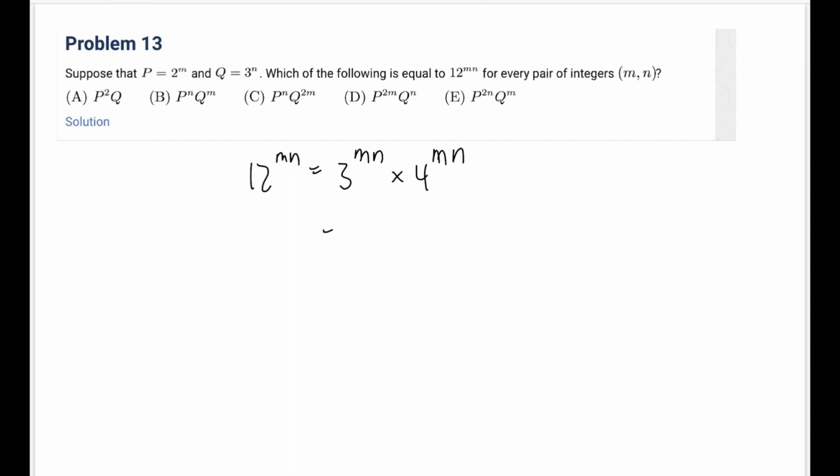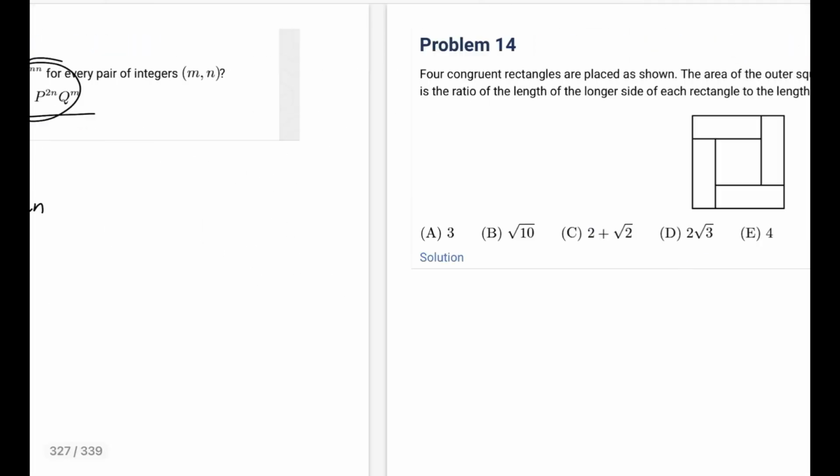And so this is 3 to the n, actually, to the mth power, multiplied by 4, which is 2 to the m, to the 2nth power, right? So 3 to the n is Q, so this is Q to the m power, multiplied by 2 to the m, which is P, to the 2nth power. The answer is P to the 2n and Q to the m. So the answer is E.